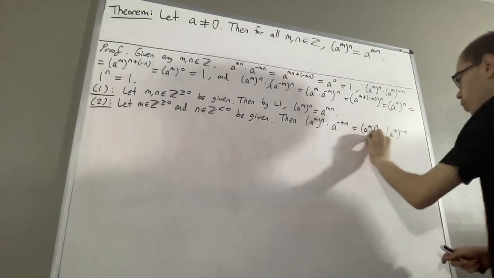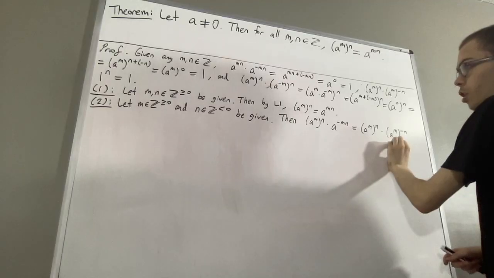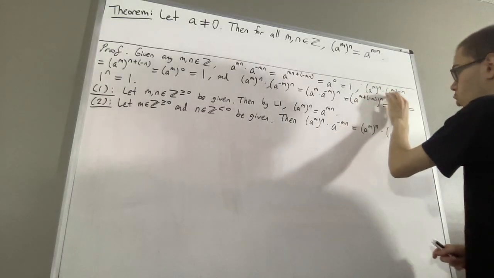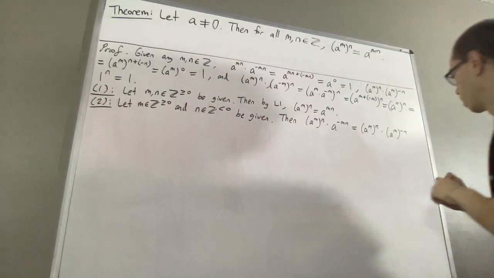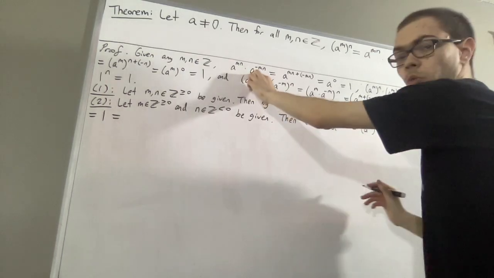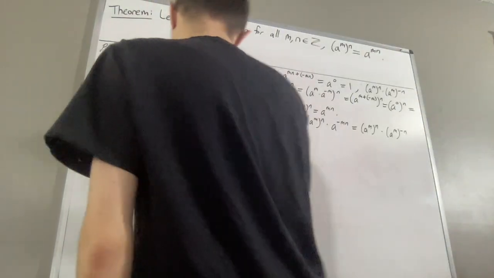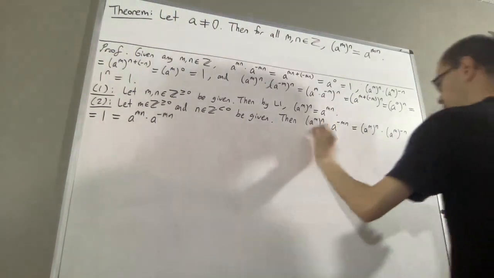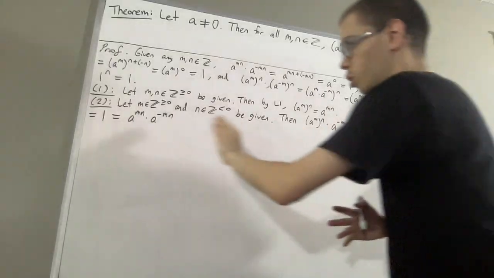But what happens when we multiply these together? According to what we showed right here, when we multiply them together, we just get 1. So this is just equal to 1. We also know if we multiply these together, we're going to get 1. So what we've shown here is the product of these two is equal to the product of these two.